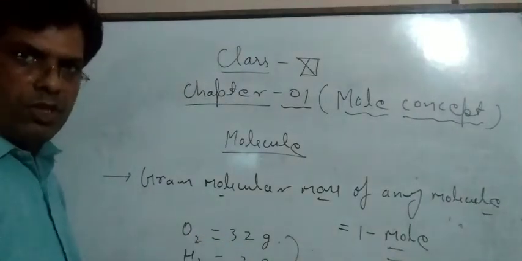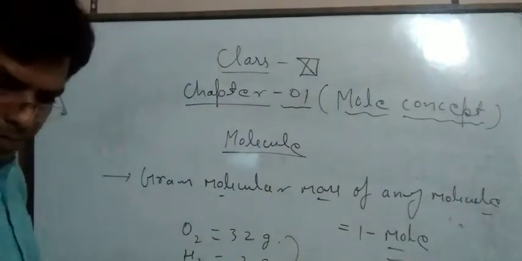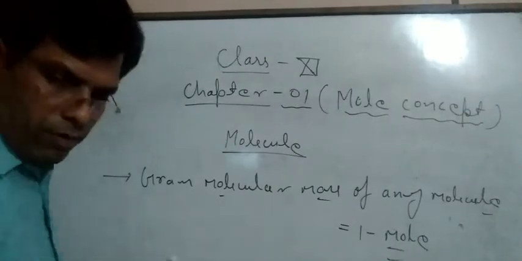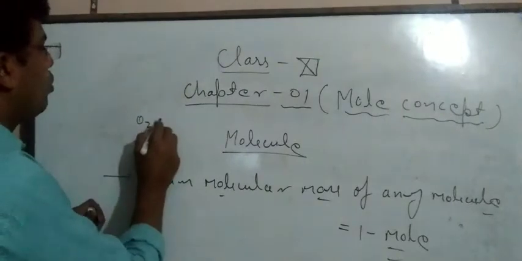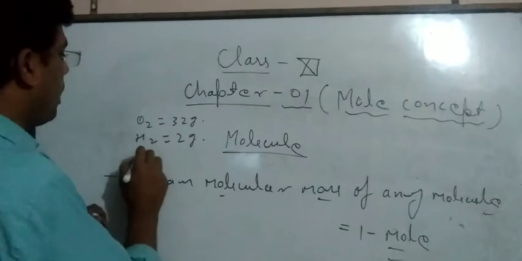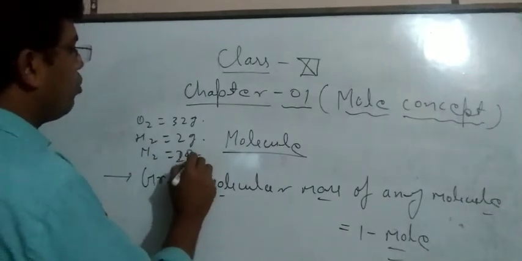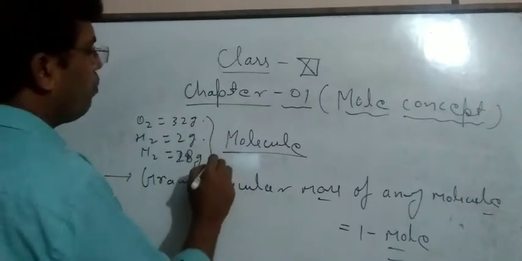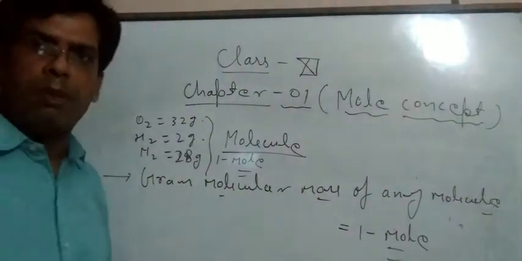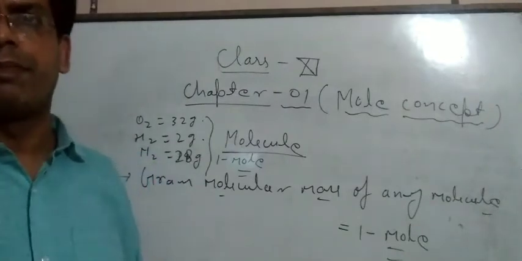If hydrogen molecule H2 is taken, it will be equal to 2 gram, and N2 will be equal to 28 gram. So this will be equal to 1 mole. Dear students, you should keep it in mind.